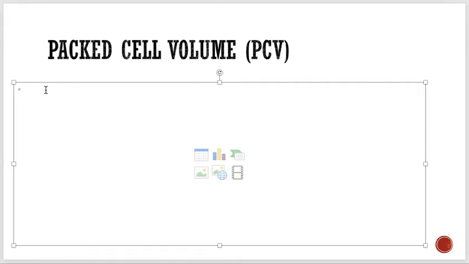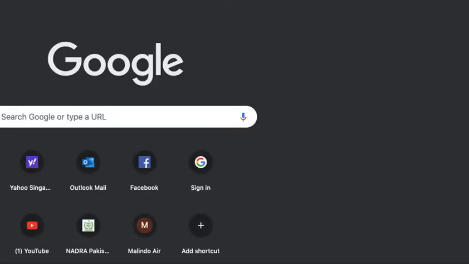Simply, they see when they pack all the cells together, how much space they take in that blood sample. Of course, the blood is the serum as well as the cells which are in the blood.